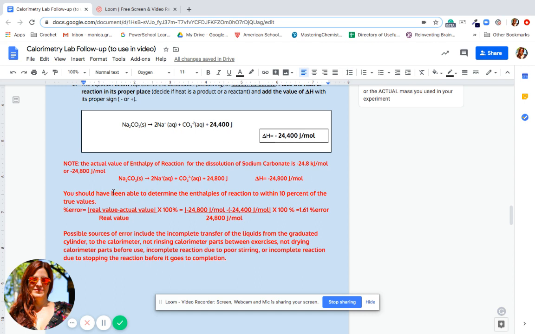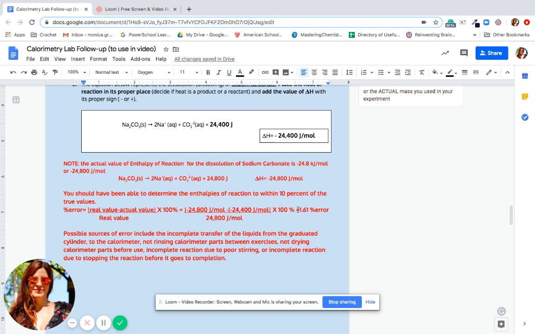You should have been able to determine the enthalpies of reaction to within 10% of the true values. And the way to calculate the percent error is as follows: the absolute value of the real value minus the actual value, divided by the real value, times 100%. I did the procedure here.